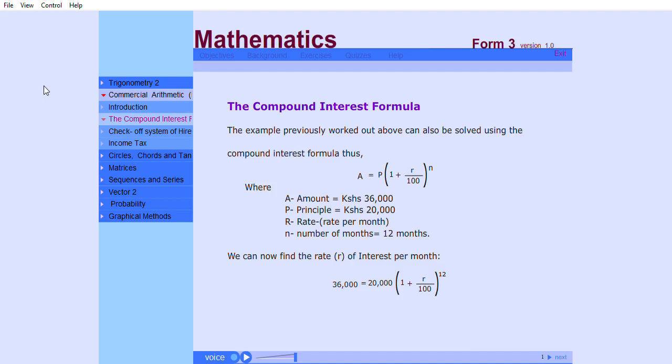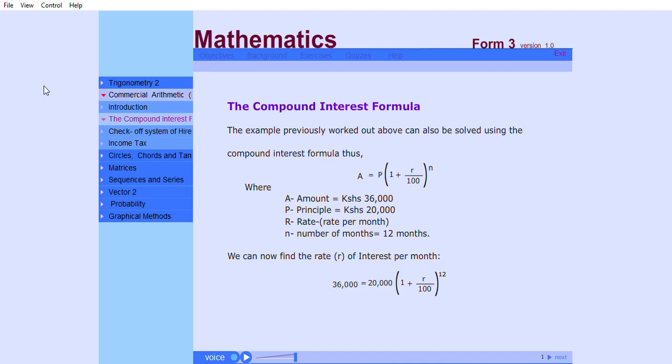Using the information given in the previous calculation, where A, the amount, is 36,000 Kenya shillings, P, the principal, is 20,000 Kenya shillings, R, the rate, is rate per month, and N, the number of months, is 12 months. We can now find the rate R of interest per month.